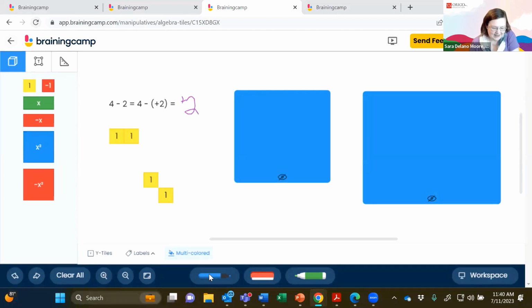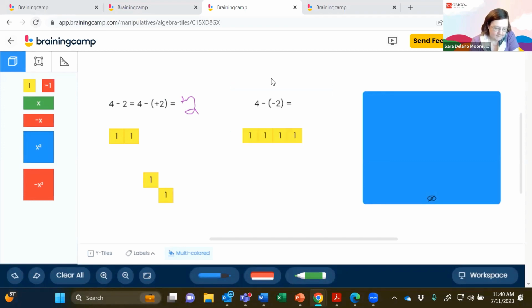So now what I've got to think about is that for subtract -2, let's uncover this part, is exactly the same problem, except what I'm taking away is not a +2, but a -2. And I don't have any -2s in my model.